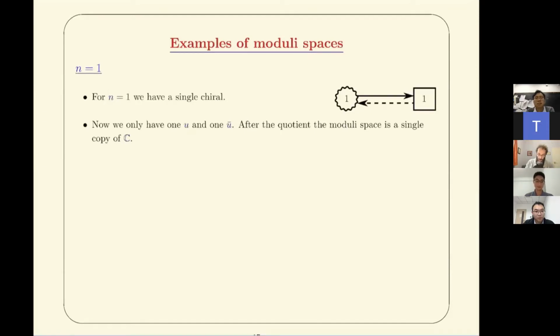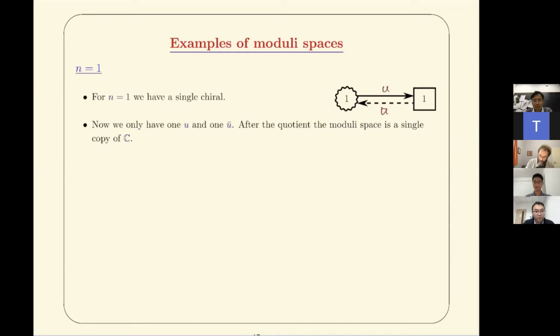So let me look at examples of moduli space. So in the case where I had a gauge field of any rank and one fundamental field, I have here one U associated to this arrow and one U bar.